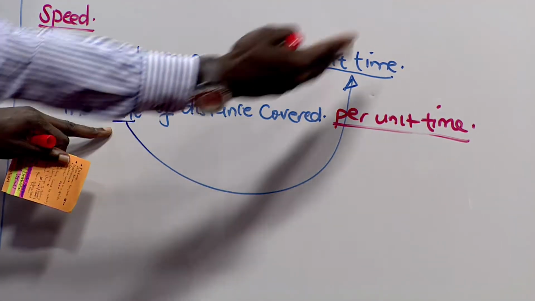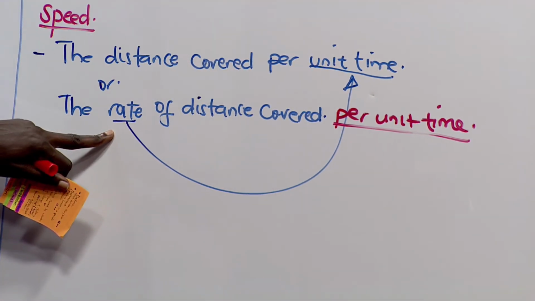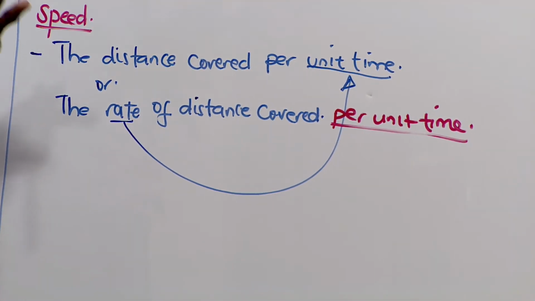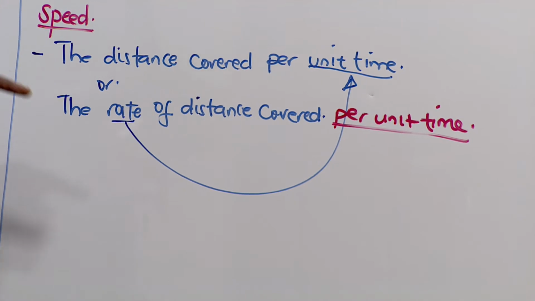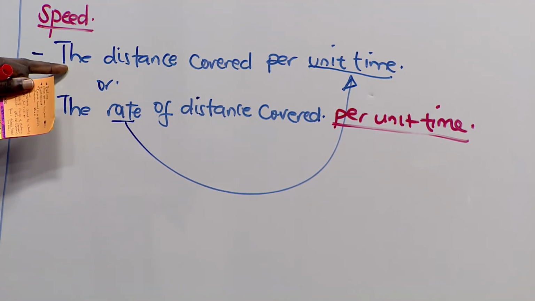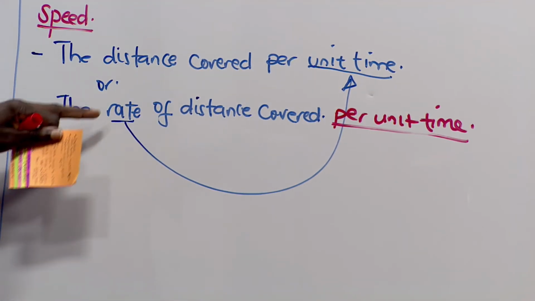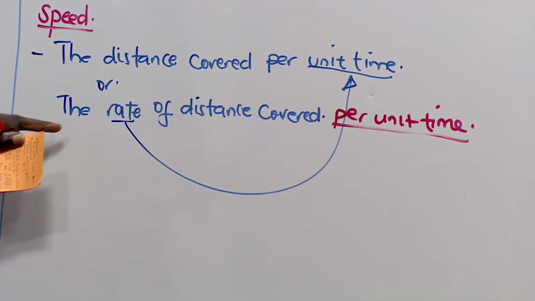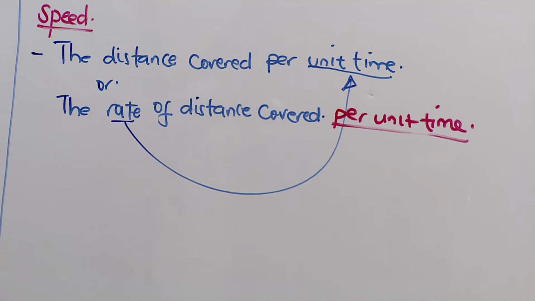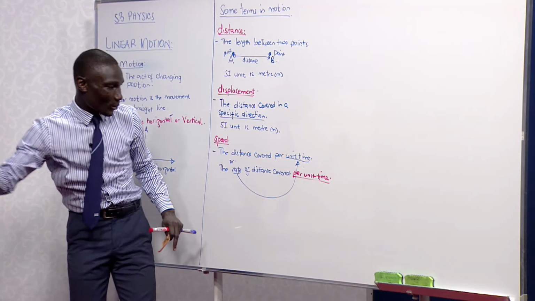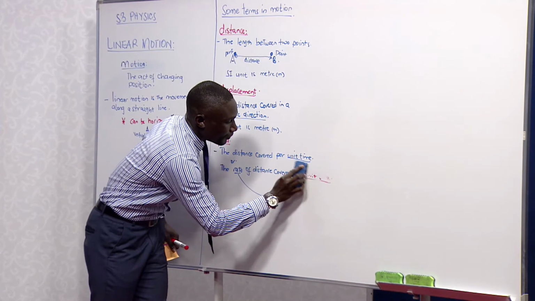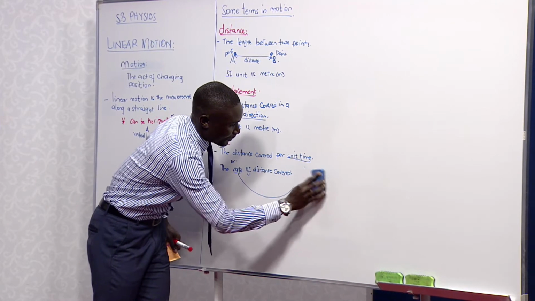Rate actually means out of time. You get what I'm trying to say here. So either say speed is the distance covered per unit time, or simply the rate of distance covered. I prefer the second definition, it's shorter. So I hope you've taken note of that, and please don't make that mistake.